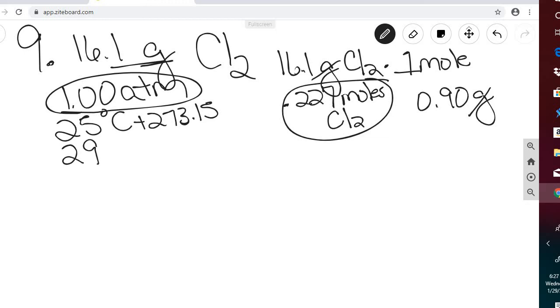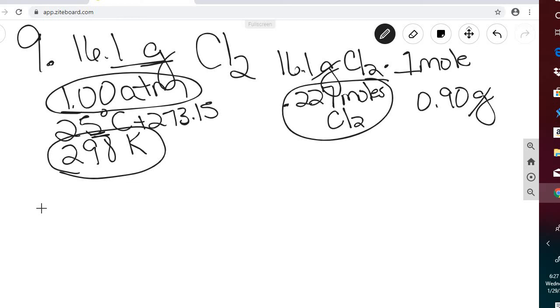We're adding, and this goes out to the ones place, so we can just go out to the ones place. So even though this will come out to be 298.15, we can just go out to the ones place, which is going to be 298 K. Okay, so there's our other value, and R is a given.